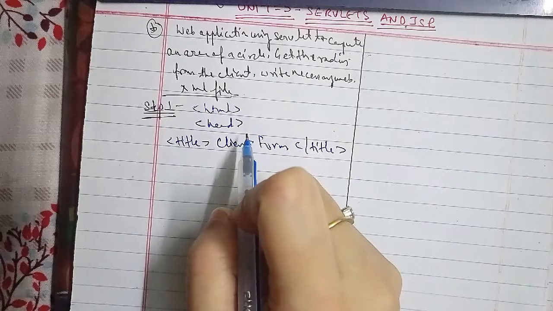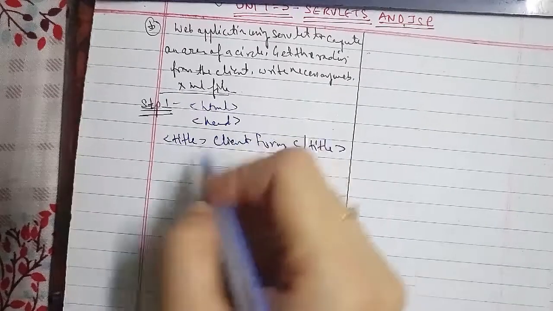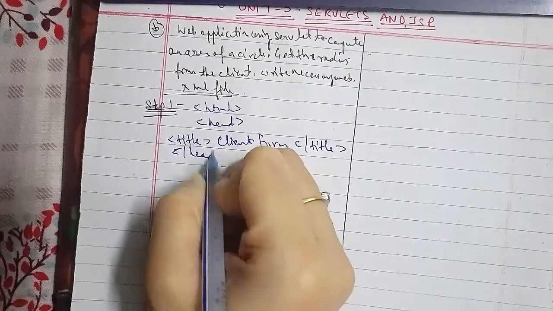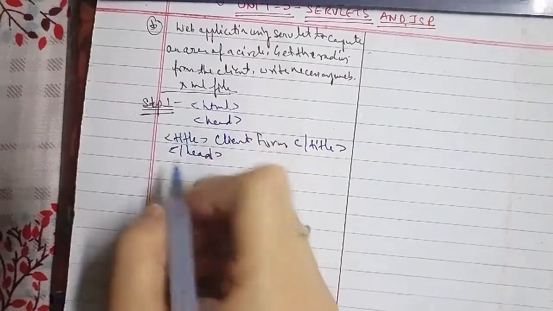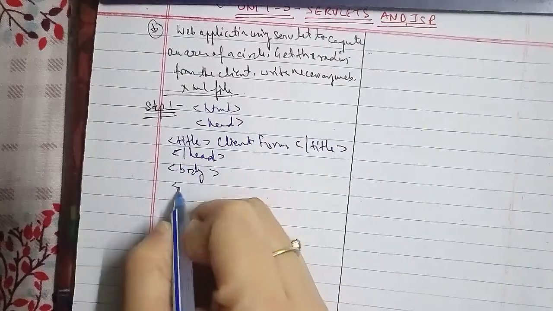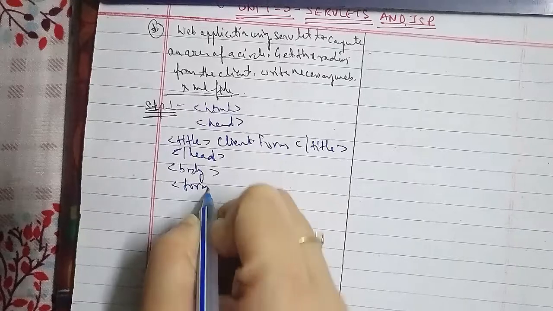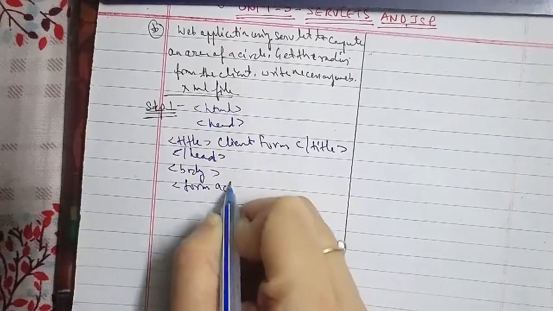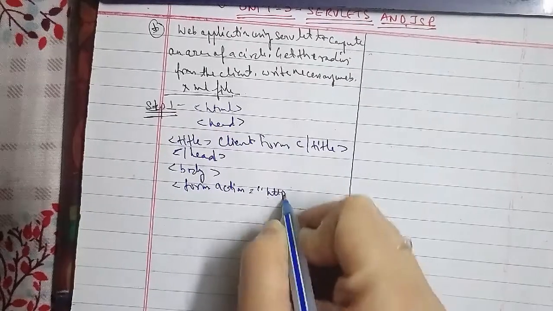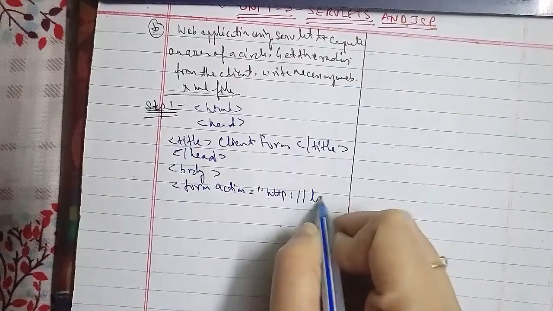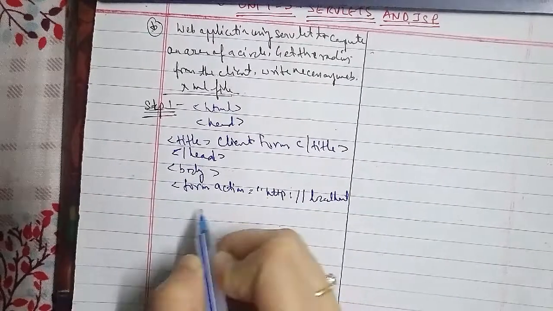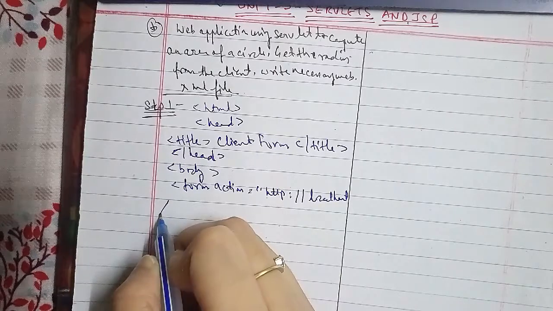And after that we'll start with the body tag, then form, that is form action equals to http://localhost/examples/servlet.